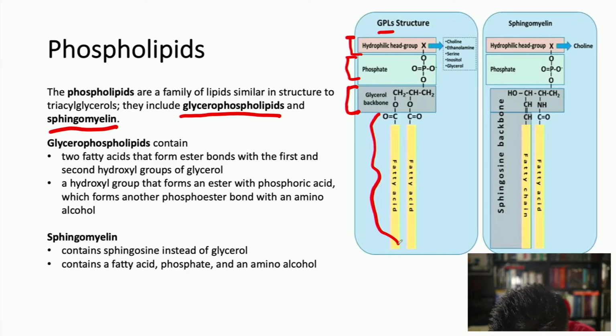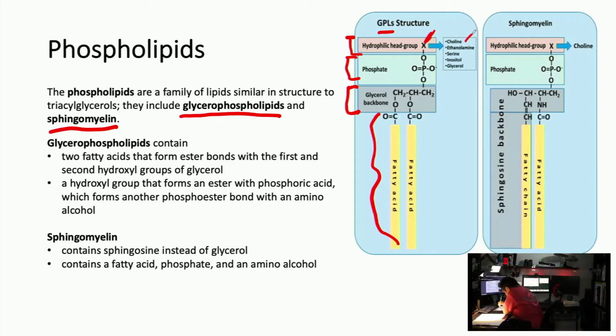The hydrophilic head group of a glycerol phospholipid has either a choline, an ethanolamine, a serine, an inositol or glycerol attached to it. So that's where the glycerol phospholipid name comes from, the glycerol.